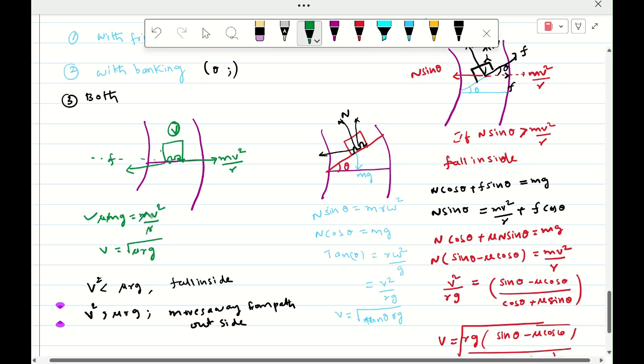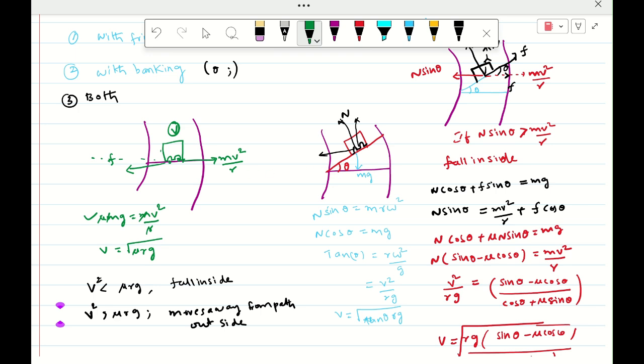If mv square by r is more than mu mg, then the vehicle moves away out of the path because of more velocity. If the velocity is less, then friction is more than needed, and it will fall inside. So how to maintain the limit velocity?